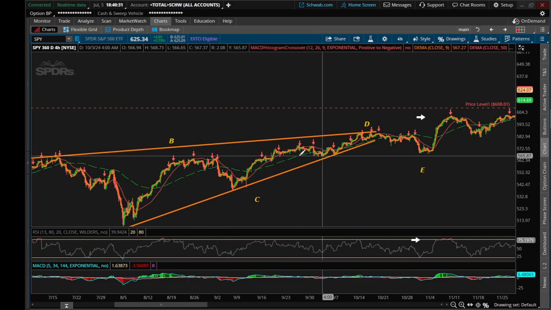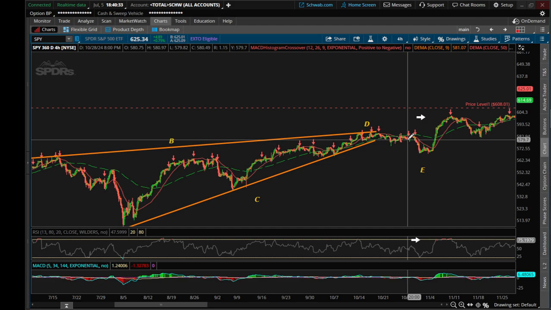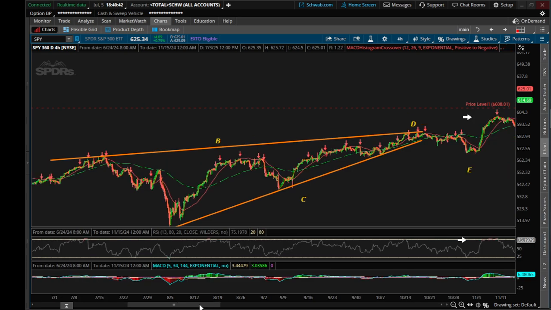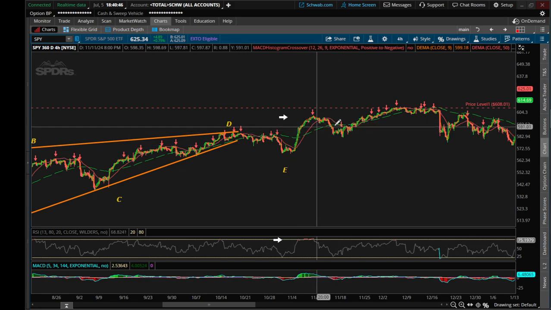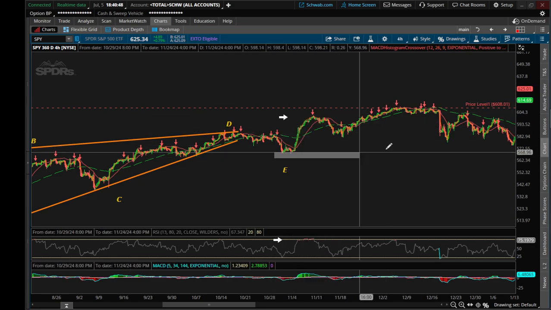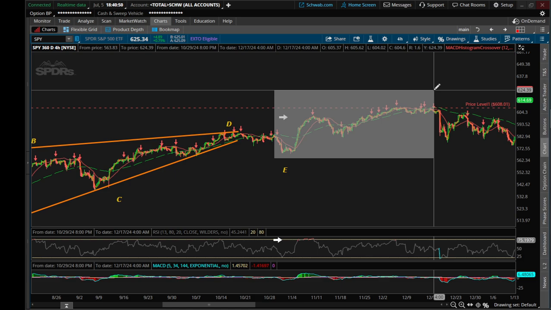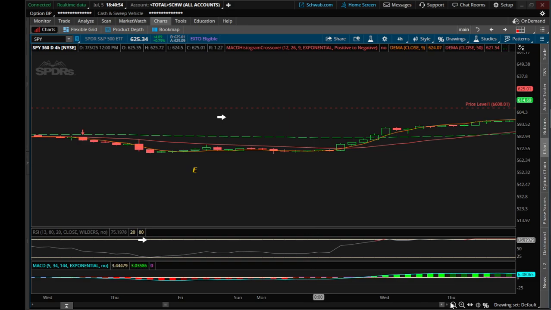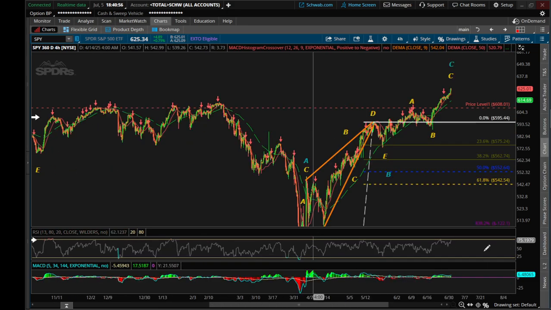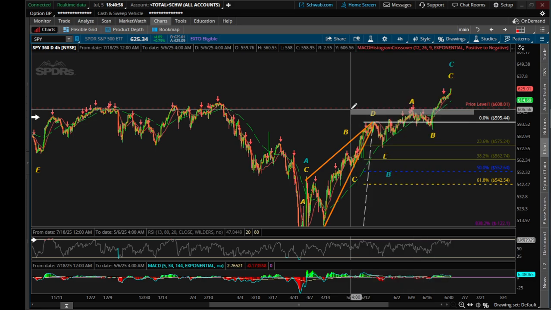I couldn't get it until I figured out the whole move was a triangle. But I don't want to get into that. I've already mentioned that in previous videos. So now, focus on this move, from here to here. This is maybe going to help us anticipate the move coming out of this triangle here.